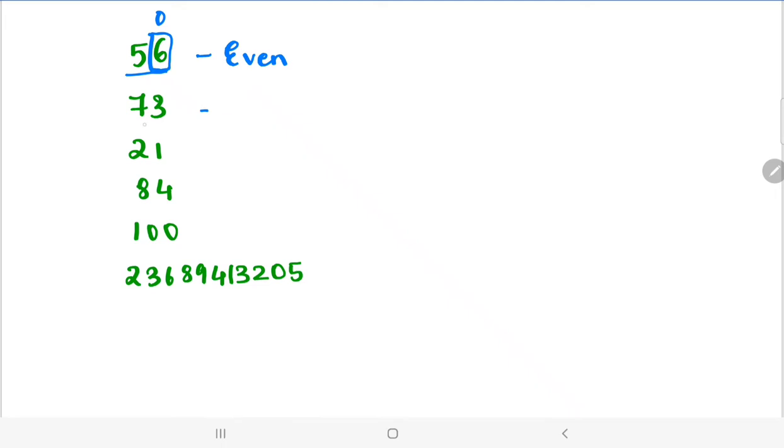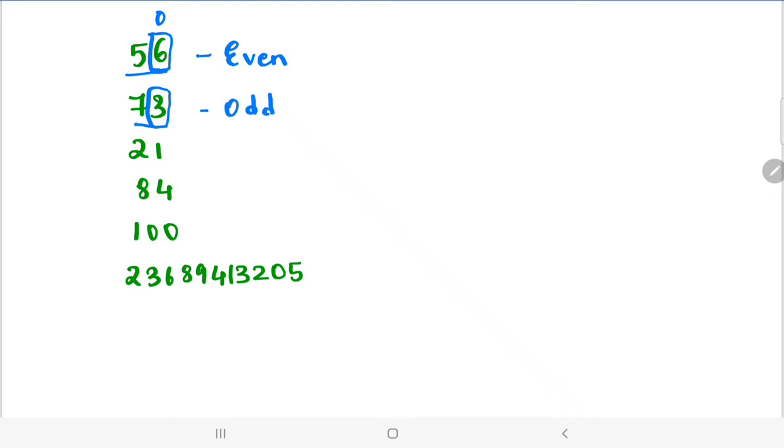Right? If we take the second number, which is 73, never bother about the other digits. What you have to think after you get a question whether it is even or odd is only with the units place. So we know that 3 is not divisible by 2. So 3 is odd number. So obviously the whole number will be odd.